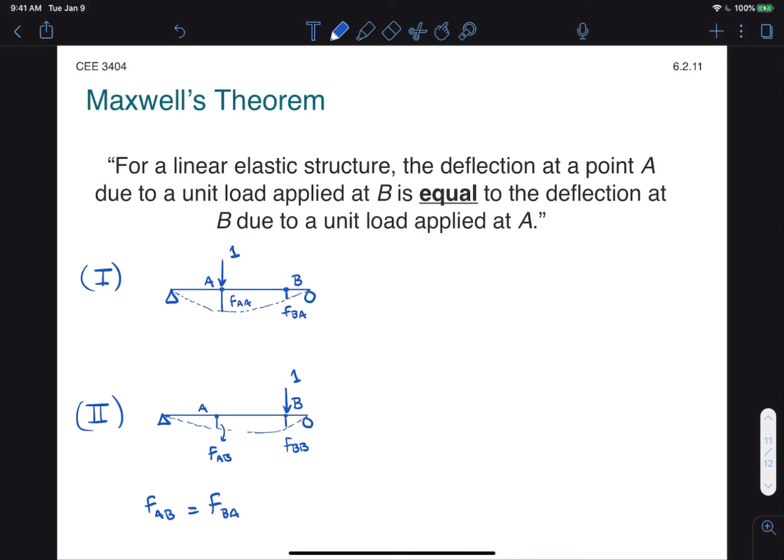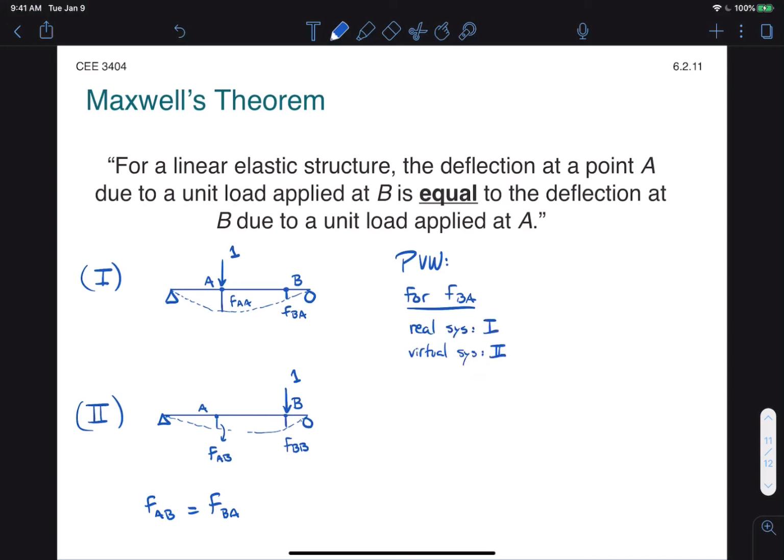But if you want an explanation for why this is true, all we really need to do is think about principle of virtual work applied to both of these systems. So let's say I'm going to apply principle of virtual work for system 1 to calculate FBA. In this case, I would choose 1 as my real system and 2 as my virtual system.